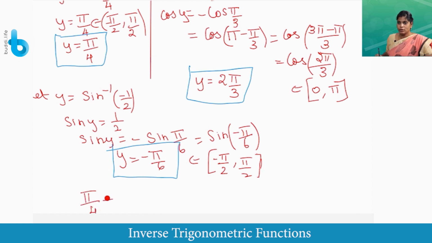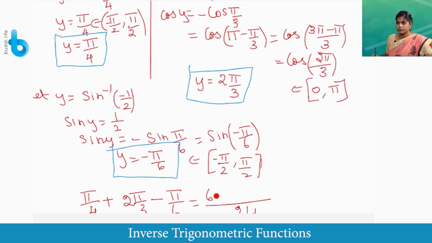Pi by 4 plus 2 pi by 3 minus pi by 6 is equal to, just take LCM. What is the LCM? 6, 4, 24. Yes, it is 24.